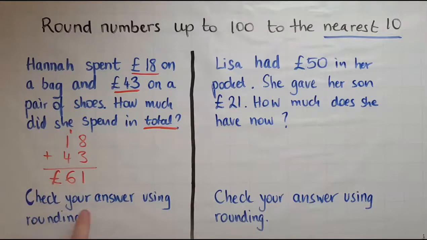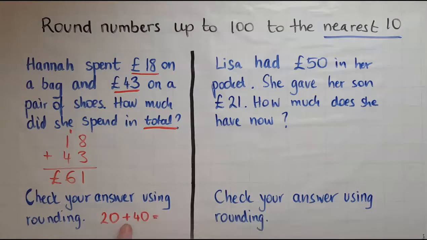Now I've got to check the answer using rounding. £18 to the nearest 10, that would be 20. £43 to the nearest 10, that would be 40, because it's closer to 40 than it is to 50. So I'll add to it 40.